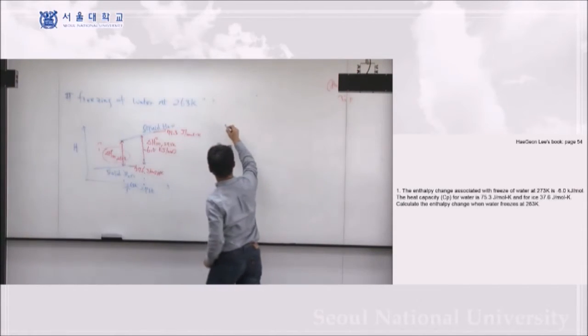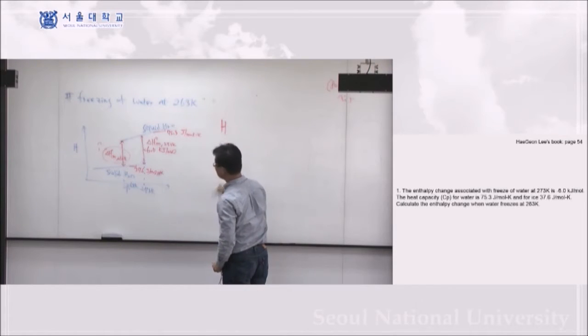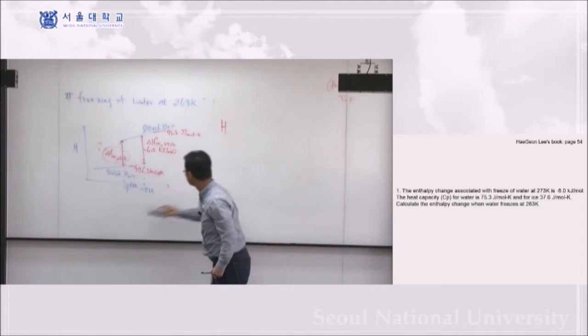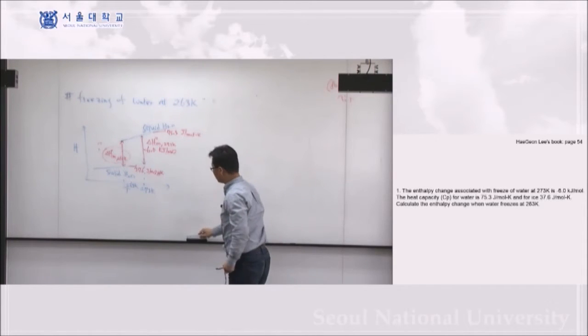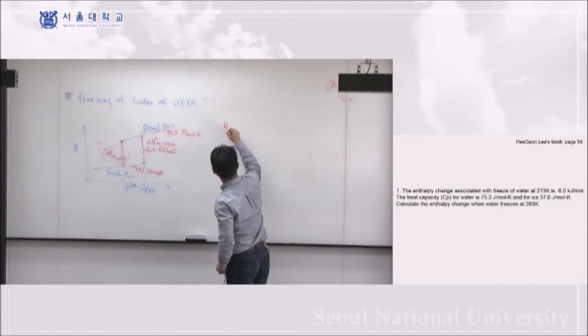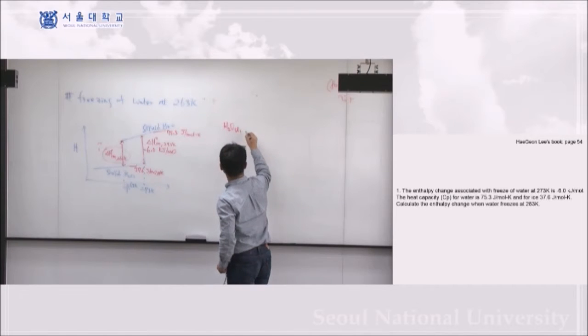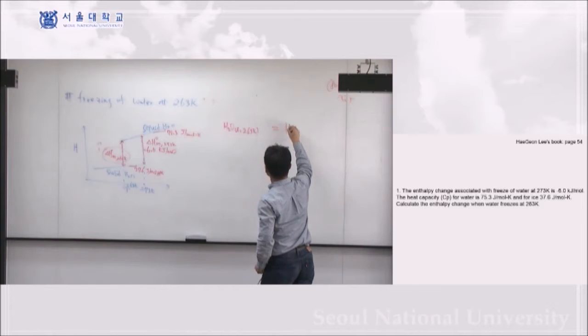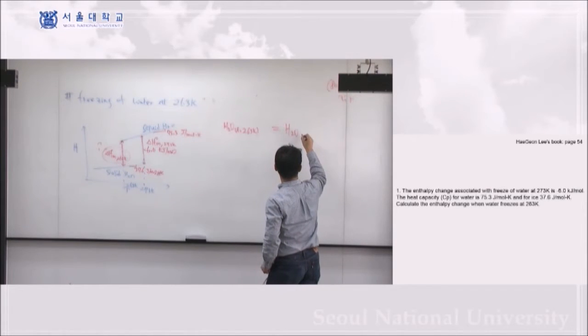Basically, I want to calculate the H of H2O liquid at 263 Kelvin becoming H2O solid at 263 Kelvin.